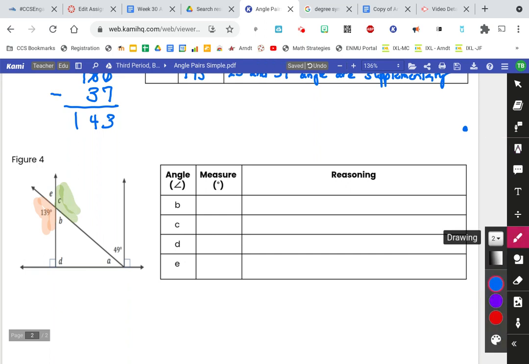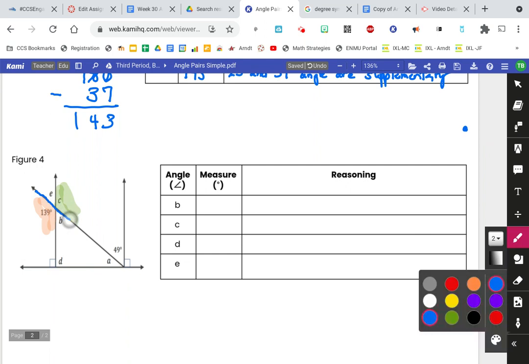And those two angles appear to be formed by intersecting lines. Therefore, I can conclude that angle C measures 139 degrees because angle C and the 139-degree angle are vertical.